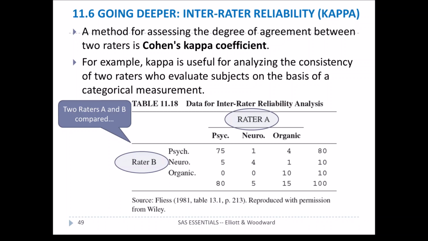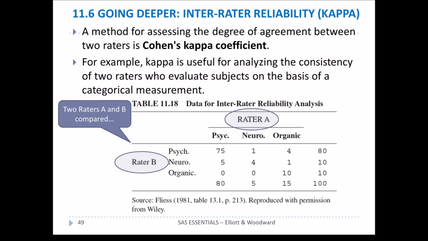Here we have whether or not a person experienced a psychological, neuro, or organic issue. Rater A rated them and rater B rated them, and we want to know: is the way that they're rating them consistent? This may be doctors or something like that. Are they coming to the same conclusions?